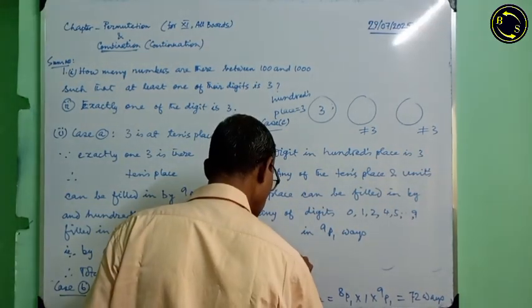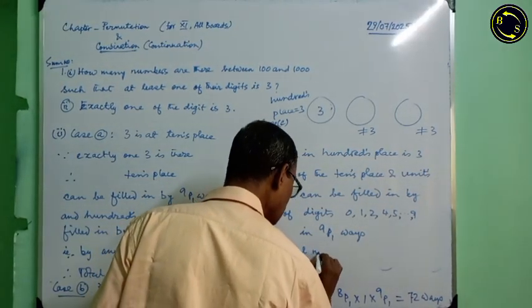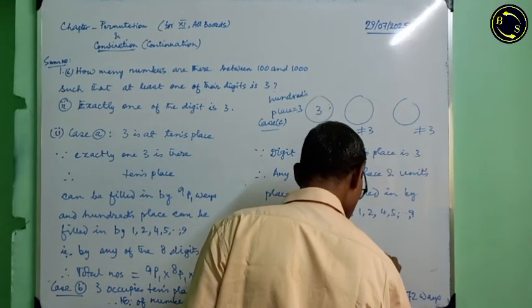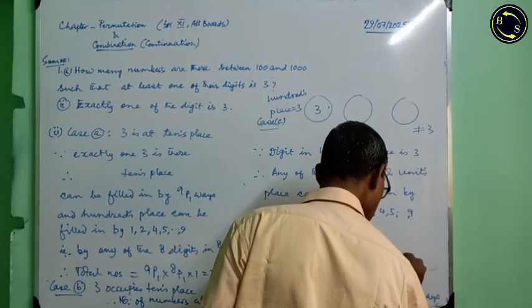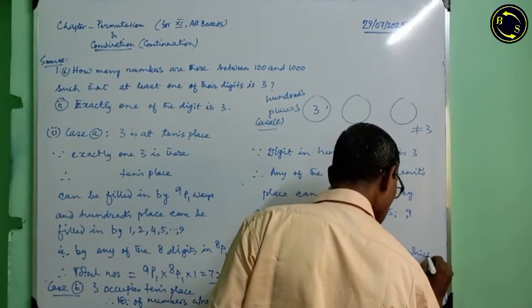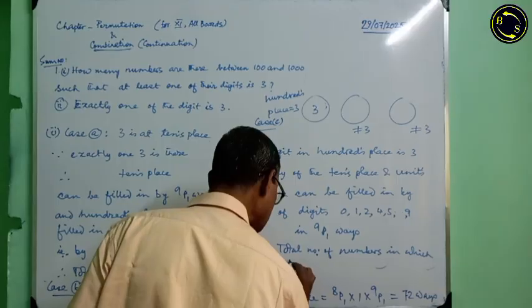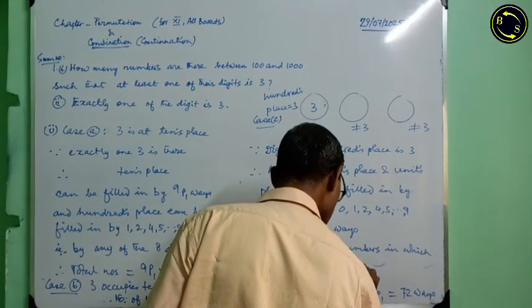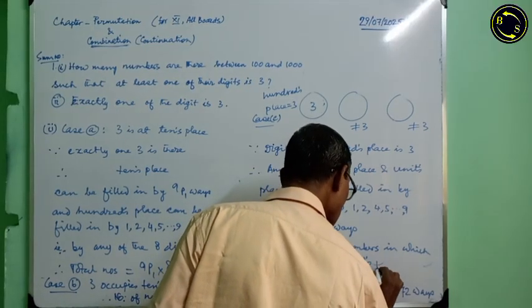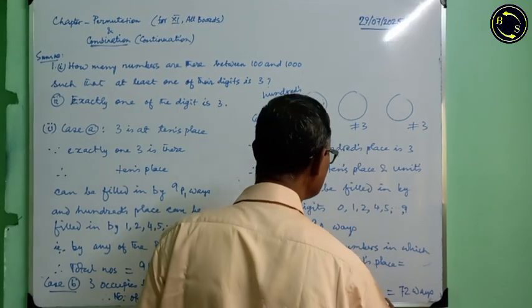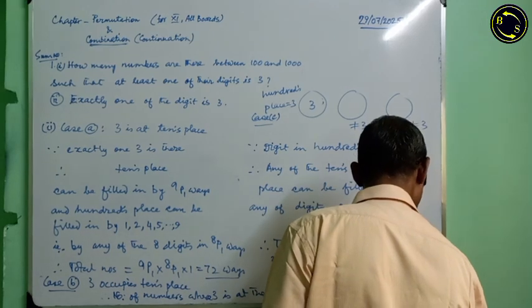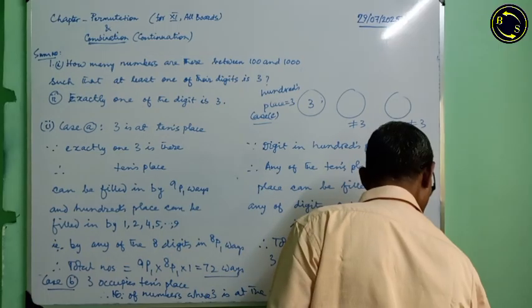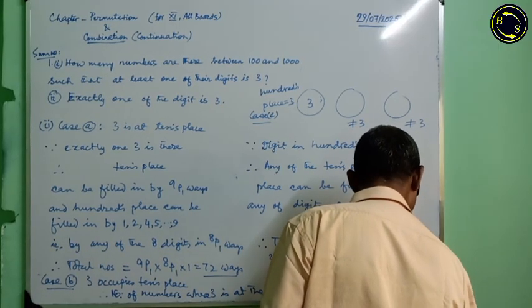Therefore, the total number of numbers in which 3 is at the 100 place is equal to 1 into 9p1 into 9p1, 81 ways.